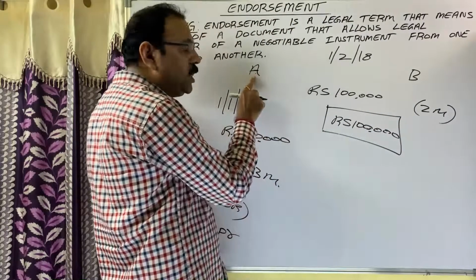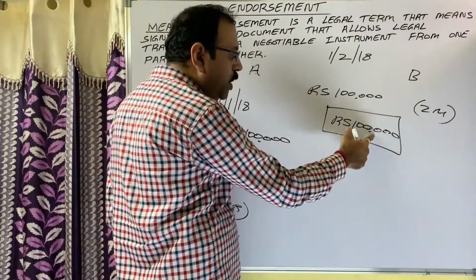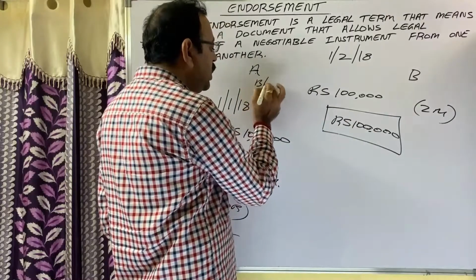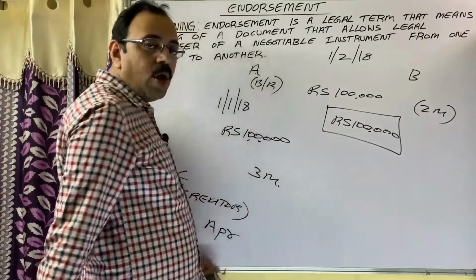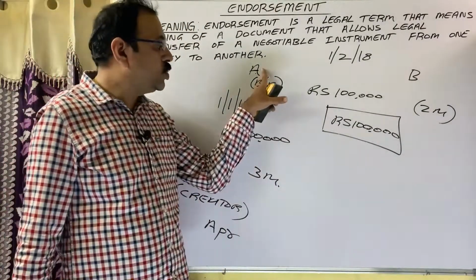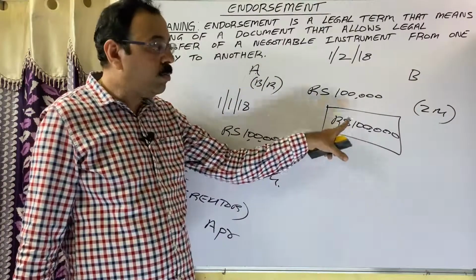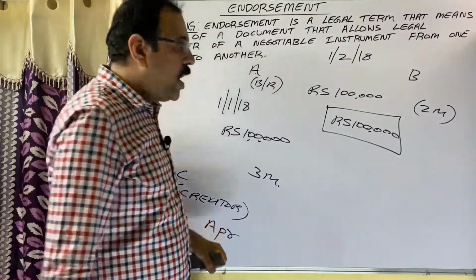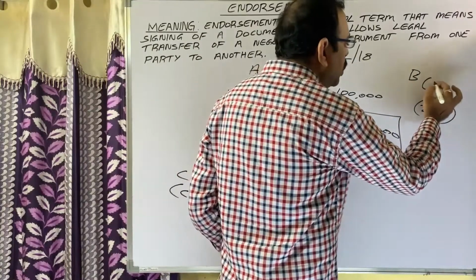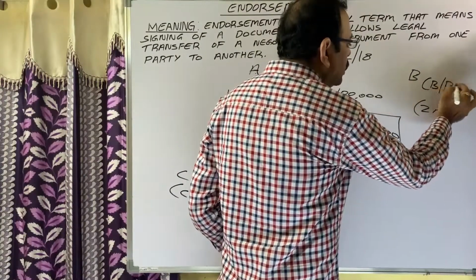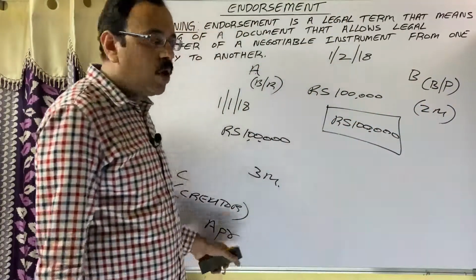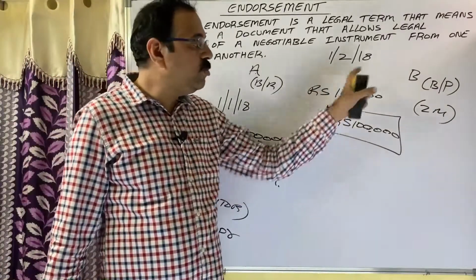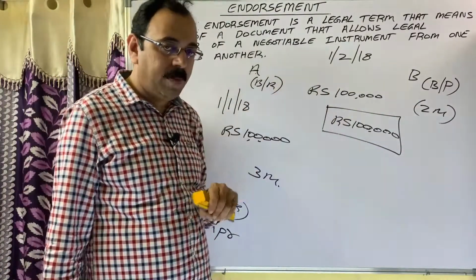Now, from A's point of view, this bill is known as bills receivable because in future he is going to receive money on this document from B. And from B's point of view, this bill is known as bills payable because on this document in future B has to pay the money to A.